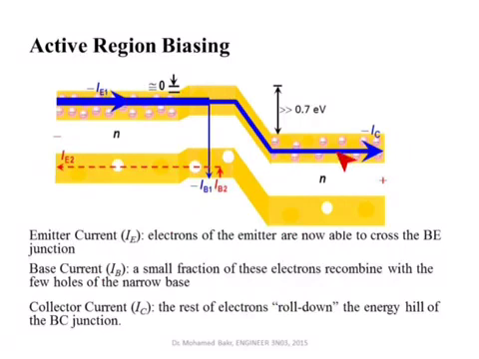This is the collector current, this is the base current, and this is the emitter current. And as I explained earlier, I collector plus I base is equal to I emitter. This is called the active region of operation, and this is the most important one we use for BJT transistors to use them as amplifiers.